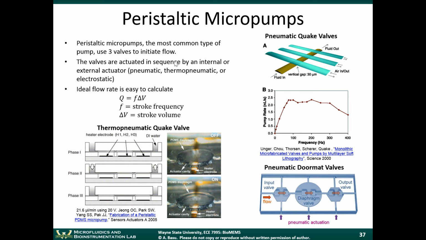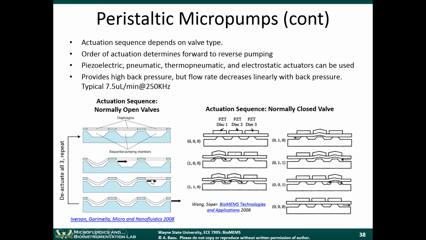We've already seen an example of this, this famous paper by Stephen Quake's group, Monolithic Microfabricated Valves and Pumps by Multi-Layer Soft Lithography. This was published in Science in 2000. They basically showed that there's a membrane connecting the control lines to the fluid lines, and these membranes deflect, as is shown here.